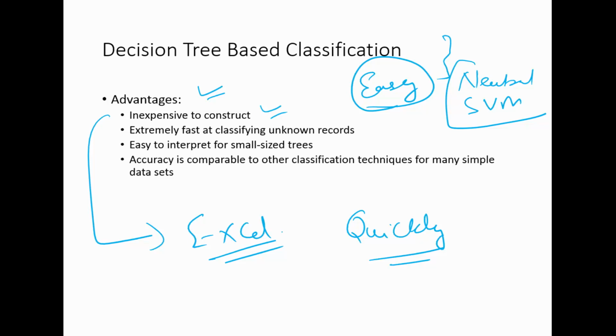And it's easy to interpret, right? Because you can actually visualize it very well. So if you are planning to explain this to a non-technical audience, you can use this and explain it to them. So that's very good. Accuracy is comparable to other classification techniques, even for a simple data set. That means the percentage of correct classification is also very good, although not the best.